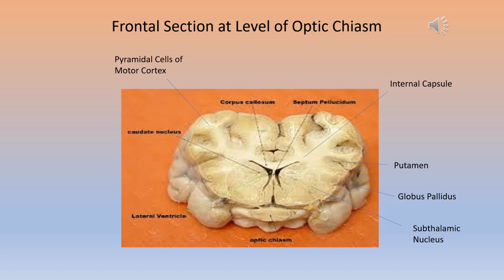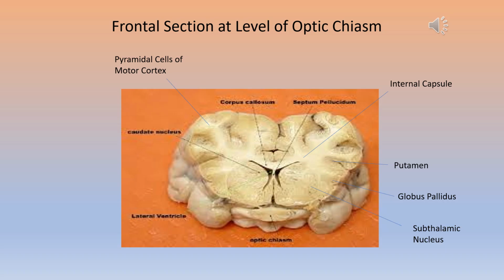Also, on the left side, another mass of gray matter, the caudate nucleus. All 4 of those masses of gray matter taken together are called the basal ganglia, probably better called basal nuclei because ganglia are only in the peripheral nervous system. They are still called the basal ganglia in textbooks, but the better term would be the basal nuclei.